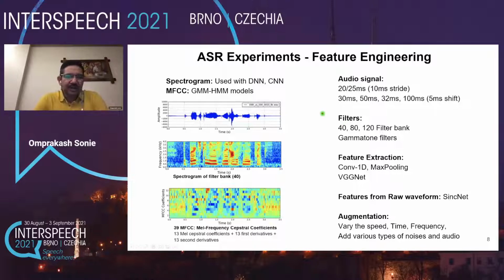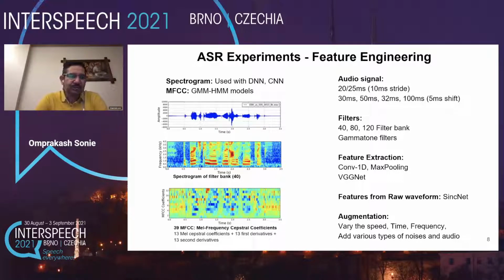A lot of parameter tuning can be done at the audio level itself, where you play around with the duration of the audio signal or the size of the filter bank, and there could be advanced kinds of filter banks available. And then maybe we can use convolution and max pooling to extract the features.